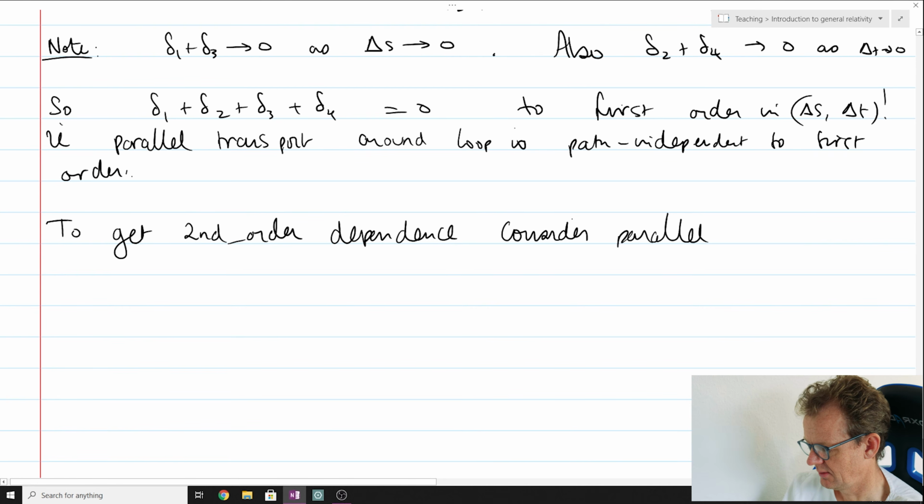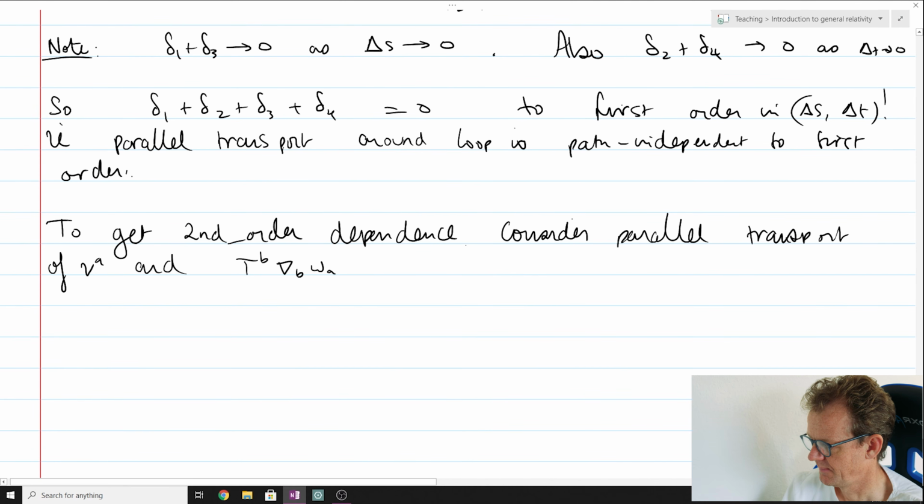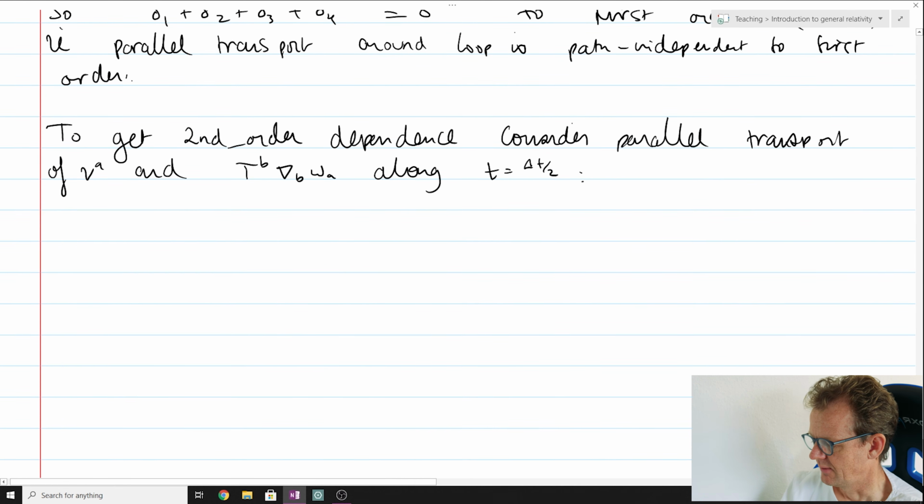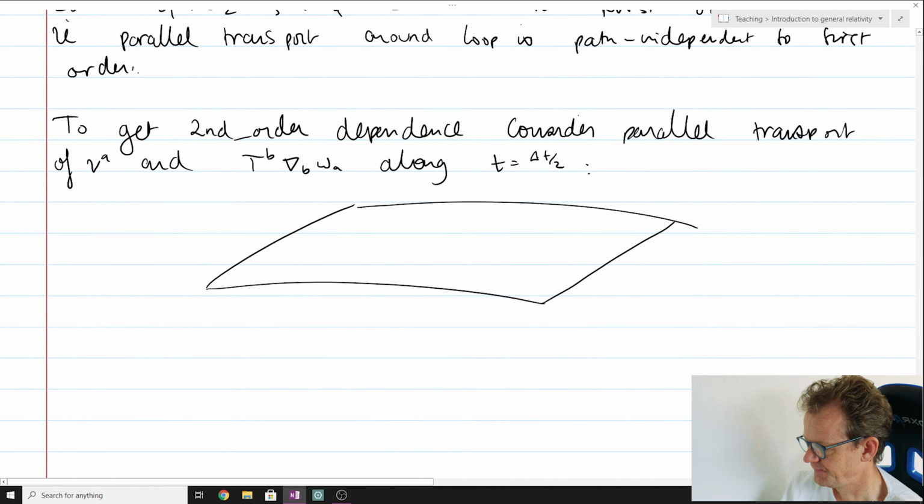So to get second order dependence, consider the parallel transport of our vector V^A and of a second vector, which you can define, a covector, dual vector, along t equals delta t, or along, yeah. This is a weird device, what we're about to use, but I'll draw a picture to try and explain the construction here.